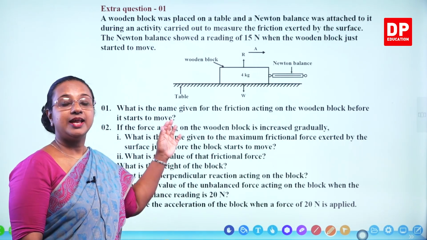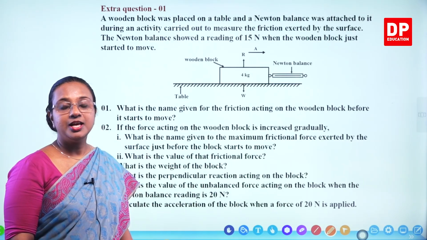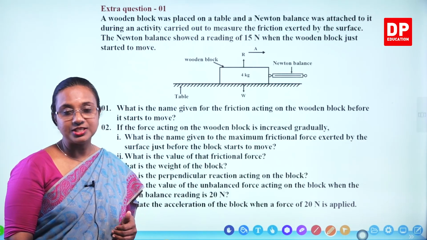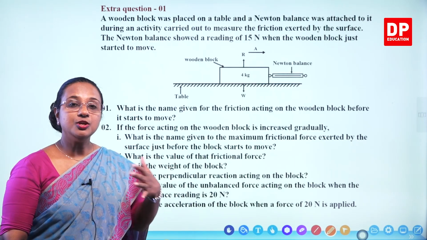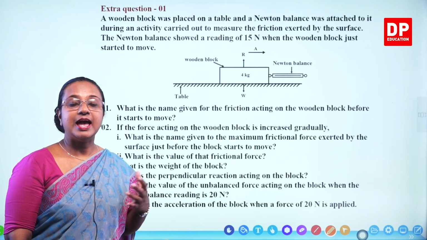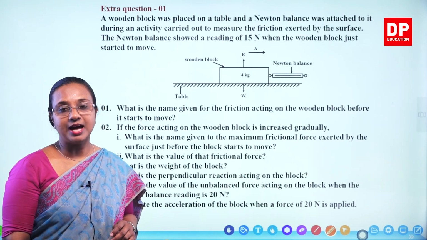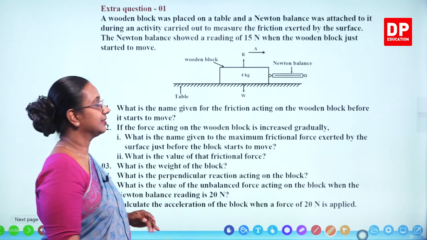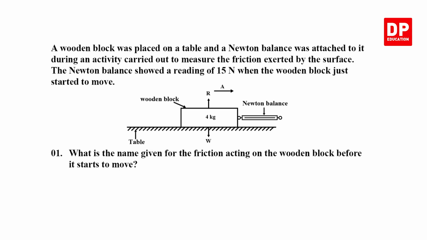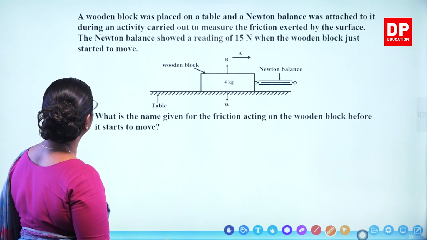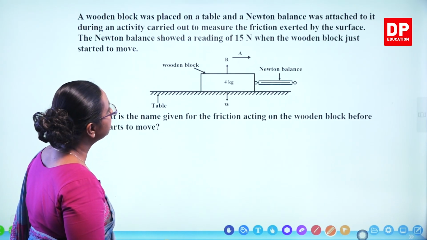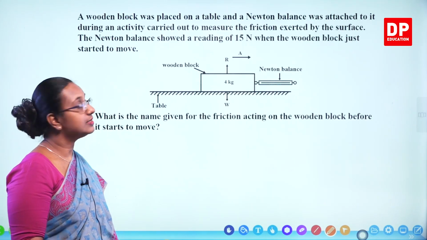So students, I read out the questions for you all. You can quickly answer them and then you can listen to the discussion, so that you will answer the question first and then you can verify the answer. Now I will move on to the first question. A wooden block was placed on a table and a Newton balance was attached to it during an activity carried out to measure the friction exerted by the surface.